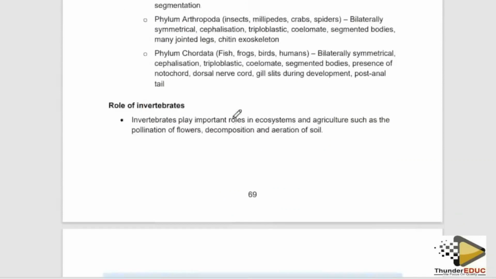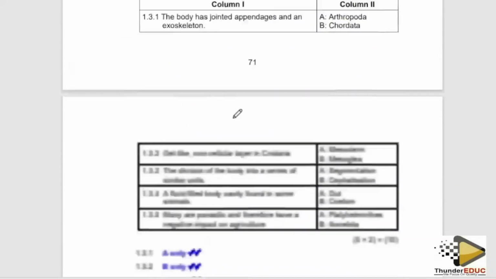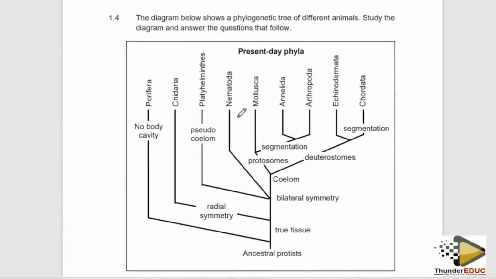Let me show you what we like. You see now, this question. I told you that sometimes we bring the question concerning the phylogenetic tree in plant diversity or in animal diversity. So, it's the same thing. You see?